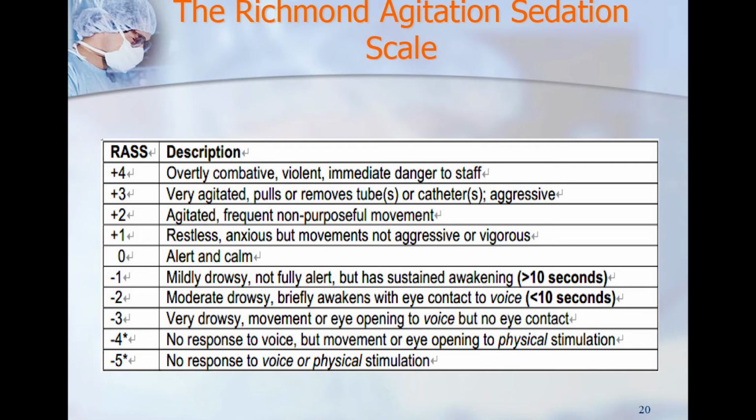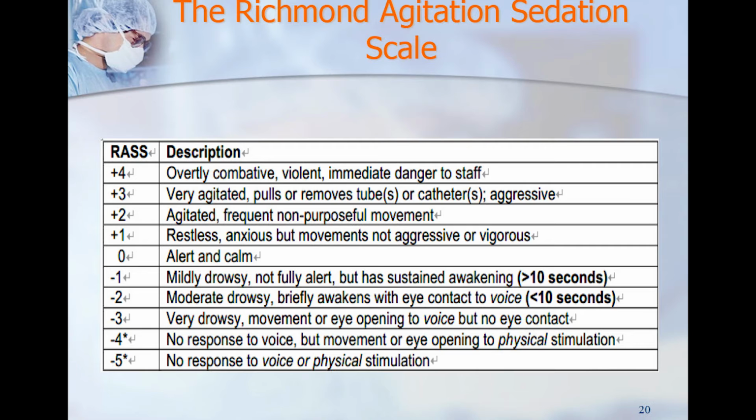If the patient is alert and calm, that's where I want you to start. Then +1 restless, +2 agitated, +3 very agitated. So above 0 gets you hyperactivity, usually a hyperactive delirium. Below 0 is mildly drowsy, moderately drowsy, very drowsy, and even not responsive to voice. So this is the Richmond Agitation Sedation Scale.